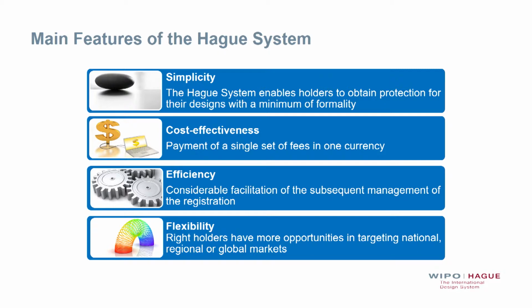Cost effectiveness. You know that a couple of years ago I calculated the cost effectiveness taking a certain number of countries, certain number of designs, certain number of reproductions, and choosing 5 countries, including the European Union, and calculated how much it will cost if I go to each IP office and if I use the Hague system.